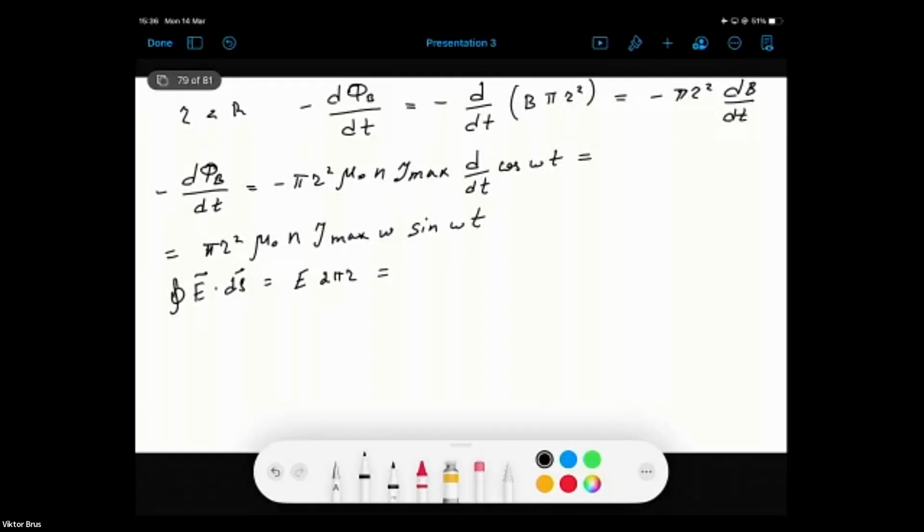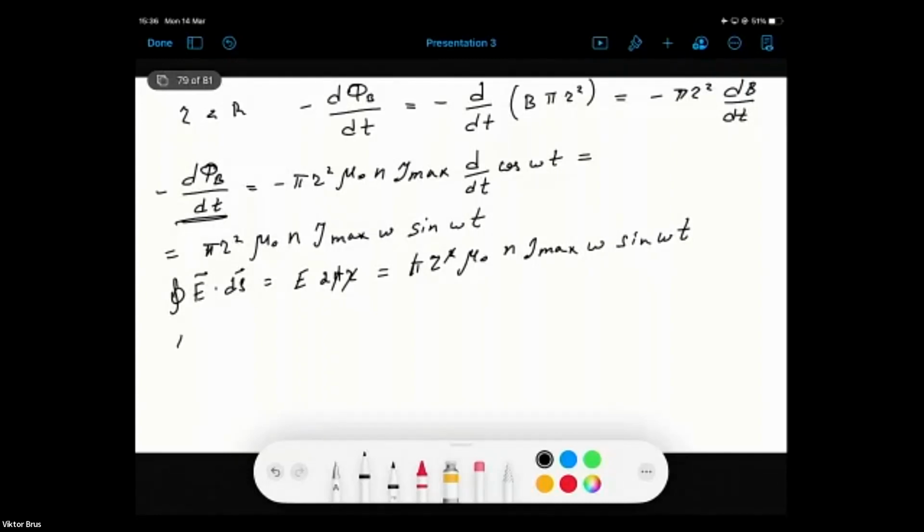And this should be equal to the negative first derivative of the magnetic field flux, which is pi times r squared mu naught n I maximum times omega times sine omega t. So from here, we can cancel this r and this square, and also this pi.